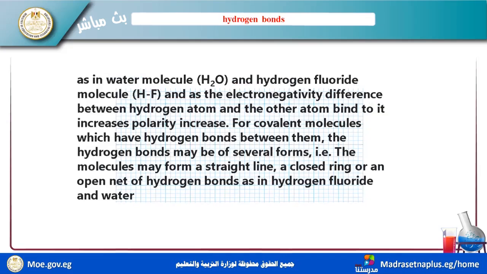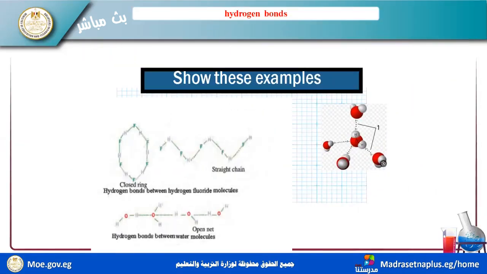Now we can show this to know the differences. This is a cycle. This is another shape, the closed ring of hydrogen bonds, and we have a straight line like that, and I have another shape like that.